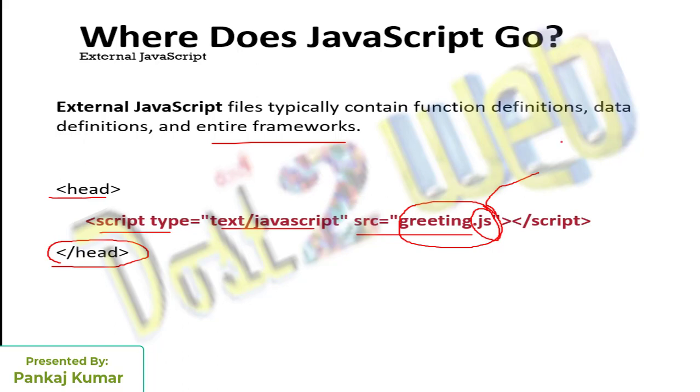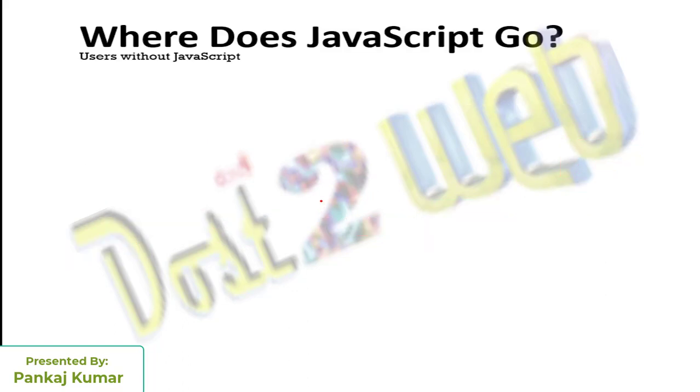So you will create a separate JavaScript file, write the code, save it in .js format, and the moment you save, you can use it anywhere, wherever you need according to your requirement. These are the three ways you can use JavaScript in your programming.